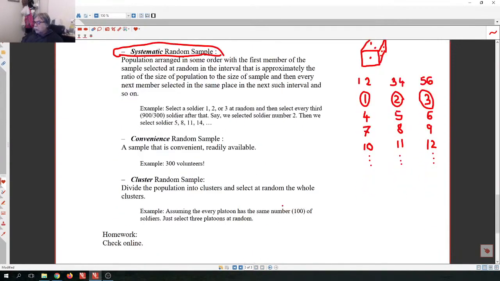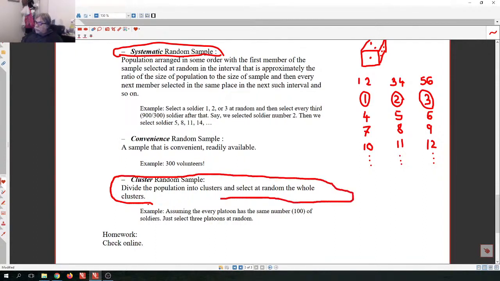Now there is something called cluster random sample that sounds similar, but it isn't the same thing. Sometimes we are doing a cluster random sampling, and that means that we will first divide the population into clusters, into portions, and then we would at random take whole clusters.